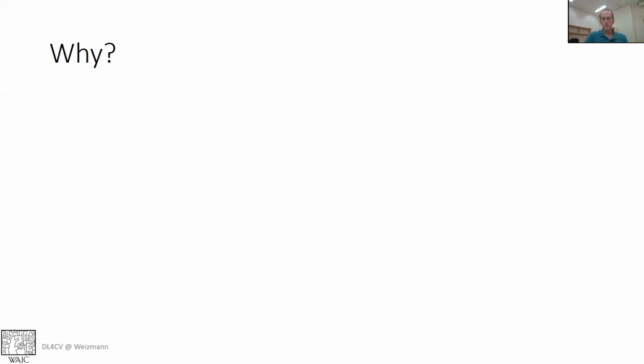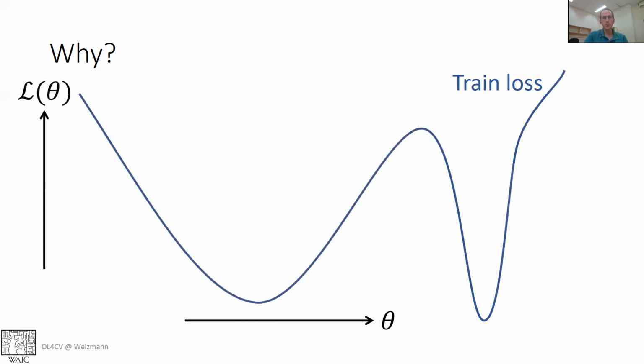Well, using large batches provides a better estimation of the gradients because we have less sampling noise in the estimation. This in turn allows us to do a more accurate exploration of this loss space and converge to a more accurate point.